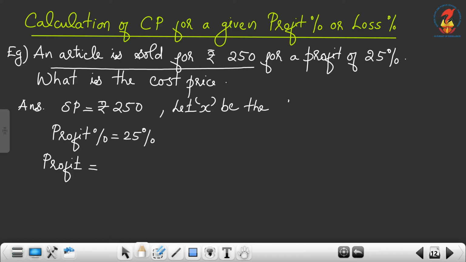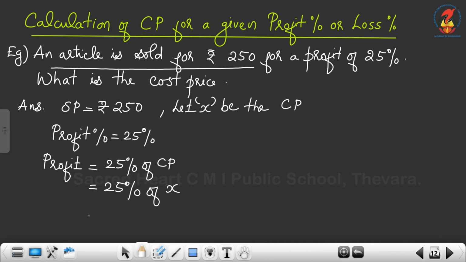Then profit is equal to 25% of cost price, that is 25% of X. Then 25% of X means 25 by 100 into X. So which is equal to 25X by 100.